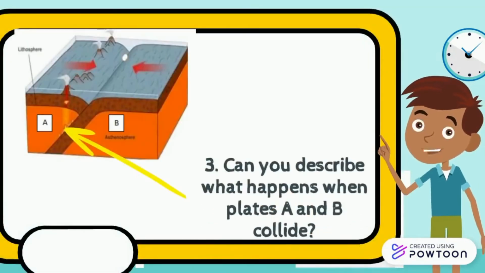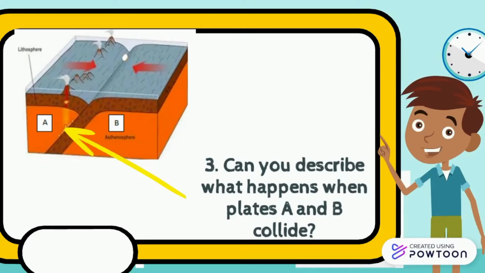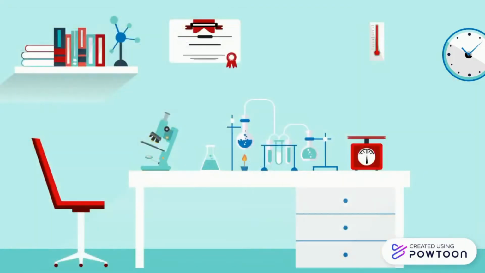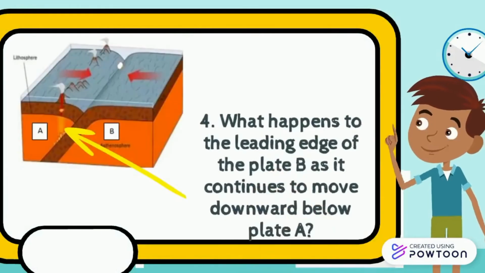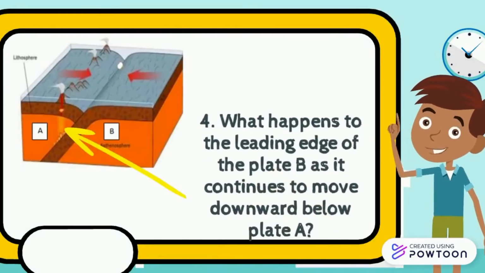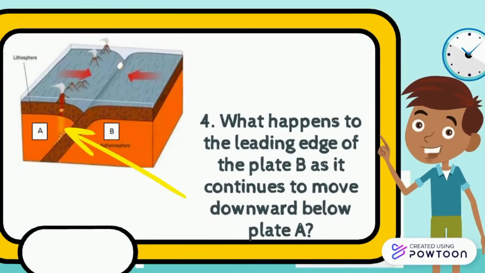Can you describe what happens when plate A and B collide? What happens to the leading edge of plate B as it continues to move downward below plate A?